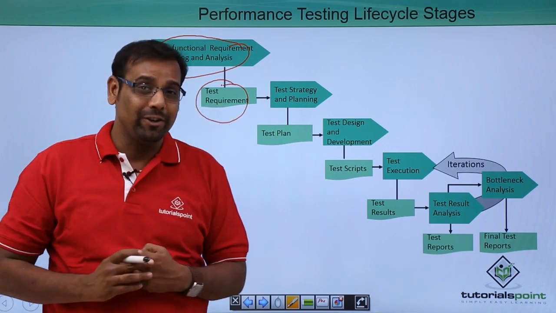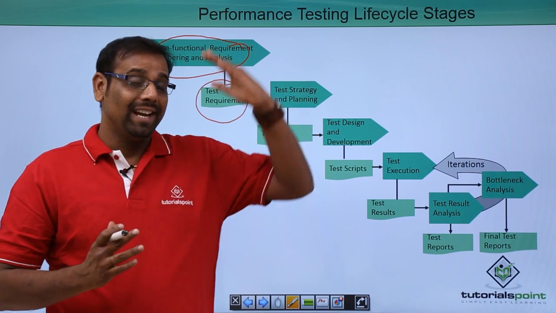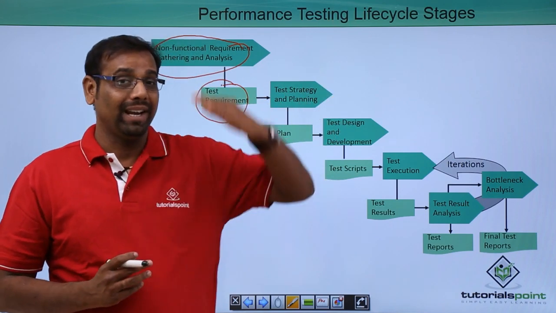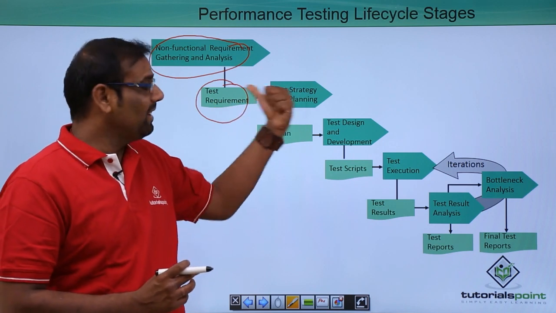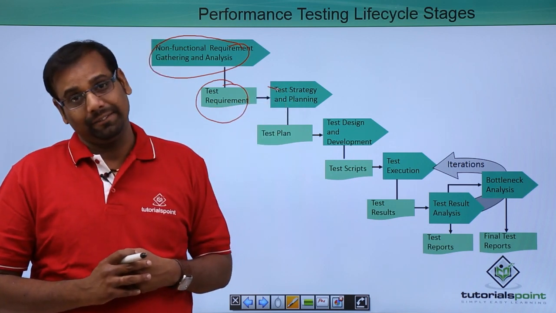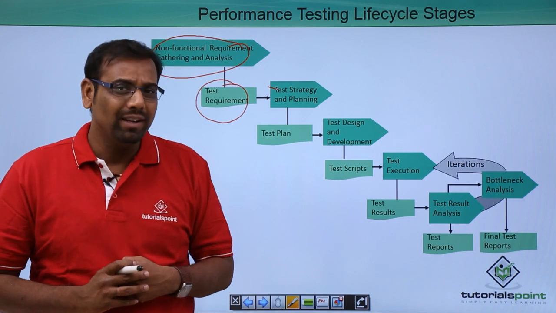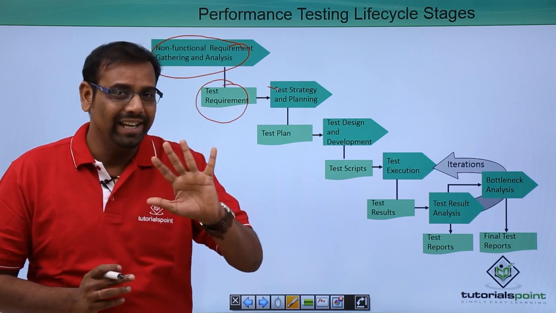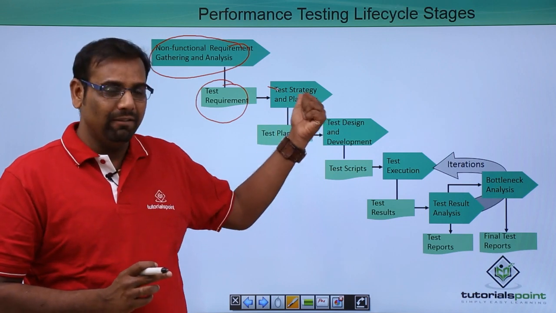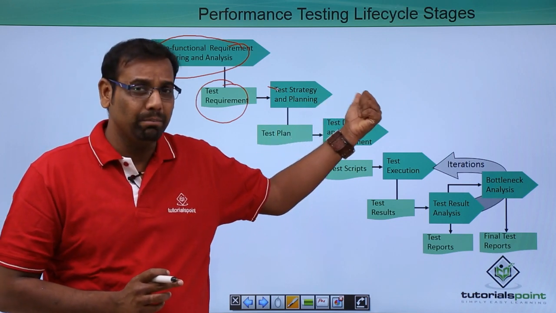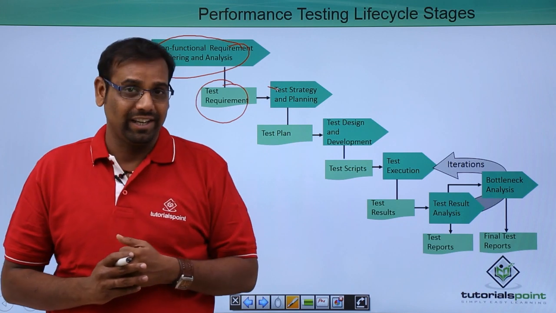The test requirement document, which was baselined in my earlier stage. We make use of that document, then we can start our test planning. Who is typically involved in this stage? A test lead or a test manager. Usually a test lead will play a very important role in this particular stage.